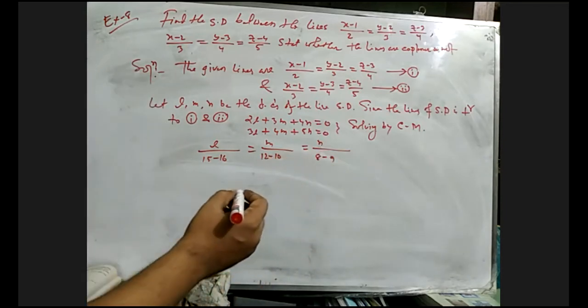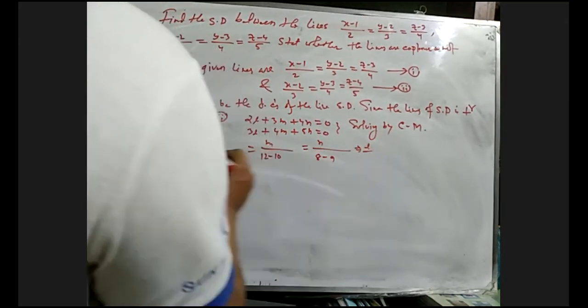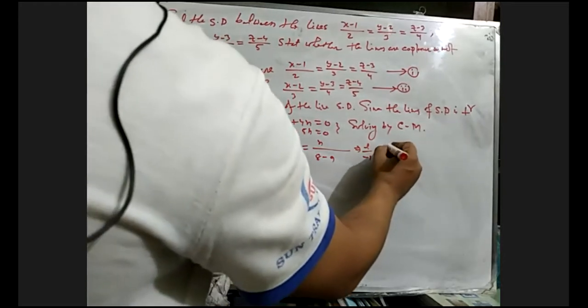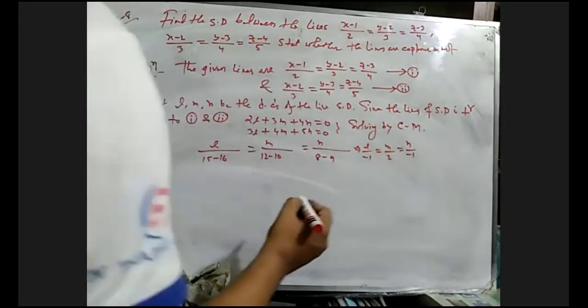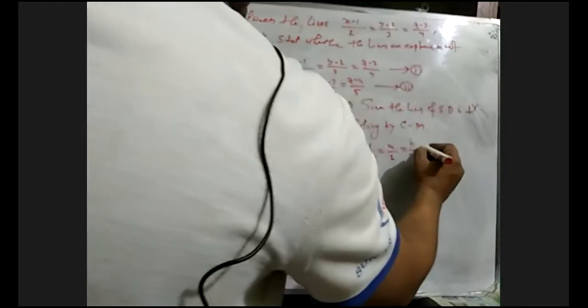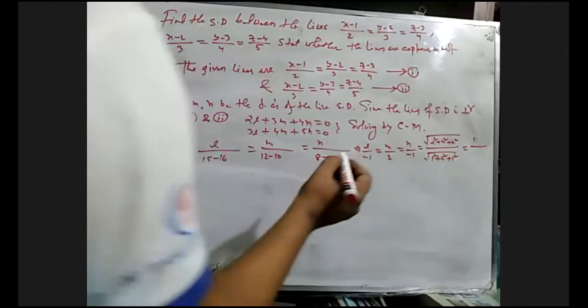So l divided by minus 1, m divided by 2, and n divided by minus 1. So we can write easily l square plus m square plus n square equals 1, divided by the square root of minus 1 square plus 2 square plus minus 1 square, which gives root over 6.